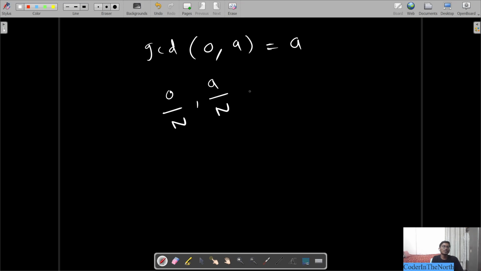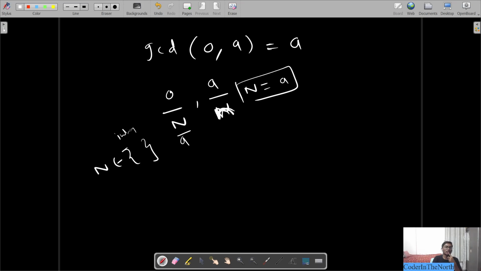So it will always be good to take n as A, because n can be A here. Let's consider a small n. We really don't know, and n belongs to the set of natural numbers.